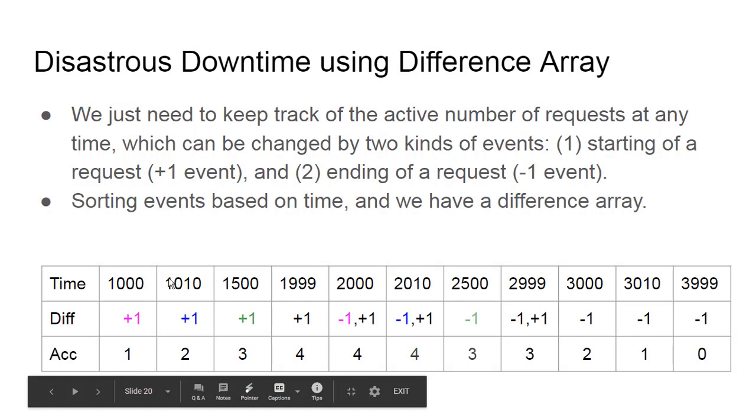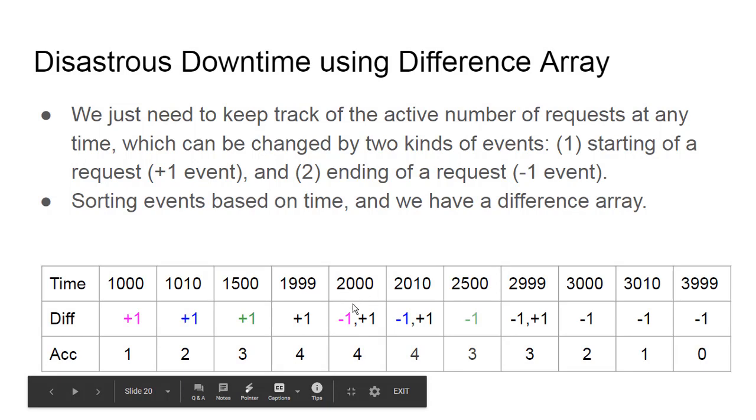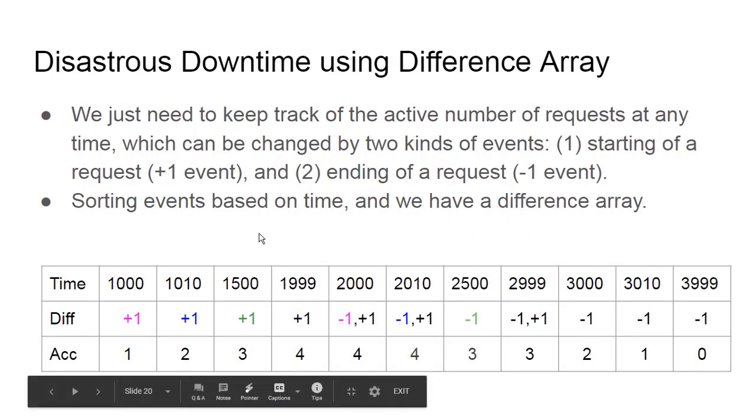Here is a representation of that. The first request generates 2 events: one is 1000 plus 1, and one is 2000 minus 1. So these two purple ones correspond with the first request, and the two blue ones correspond with the second request. The two green ones are the third request, and so on. I didn't color the rest of them.